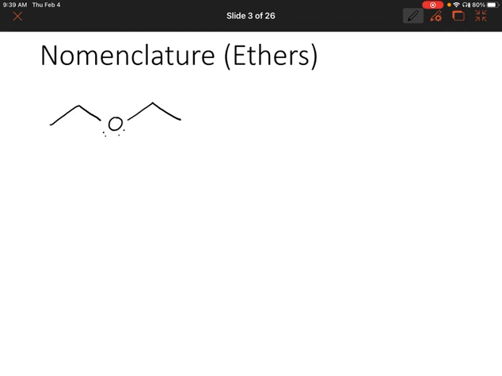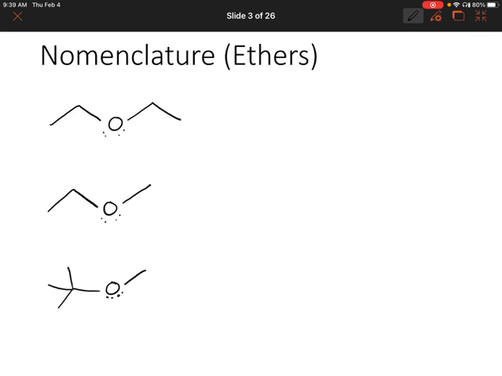All right, so we've got this one where we have two ethyl groups on either side of that oxygen. Maybe we have one where there's an ethyl group on one side, but a methyl group on the other. And maybe we have an ether where on one side we have a methyl group, and then on the other side we have a tert-butyl group.